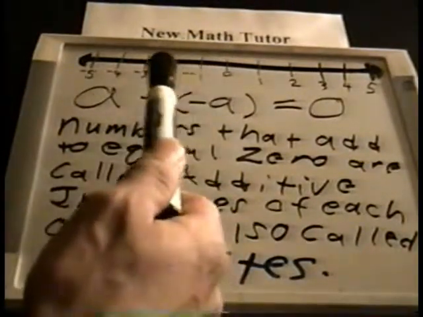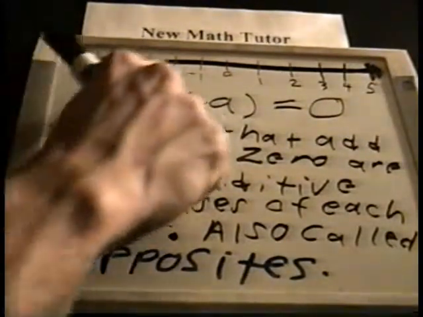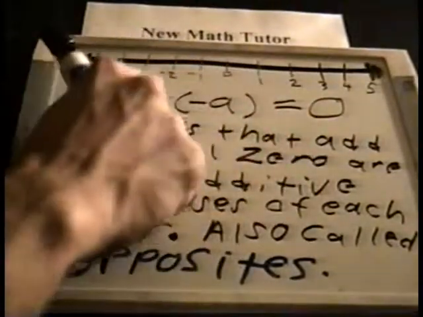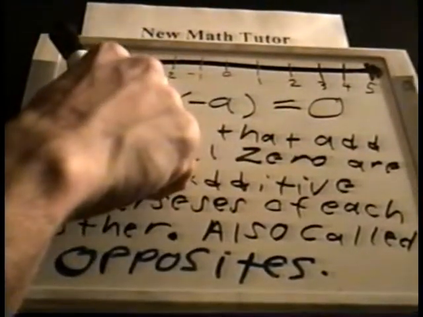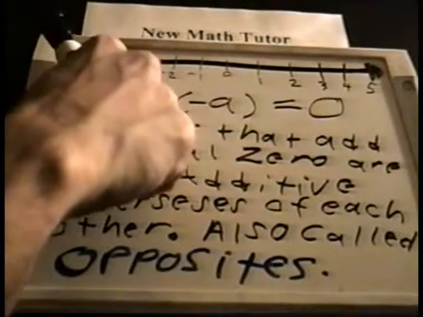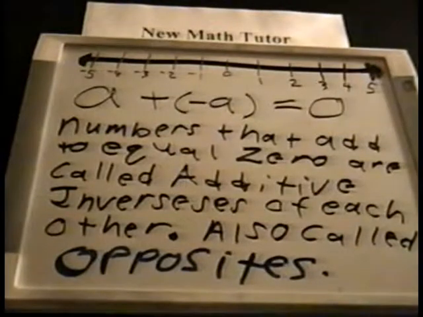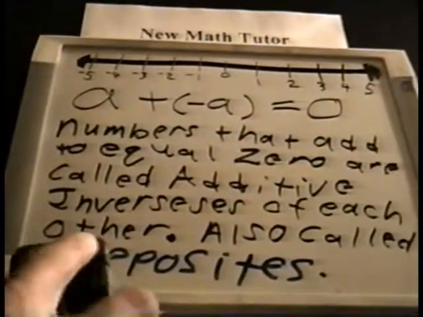And likewise, a is the additive inverse of negative a, just as negative a is the additive inverse of a. So basically, for any number called a, which could be any number on the number line, its additive inverse is its negative, its corresponding number on the negative side of the number line.